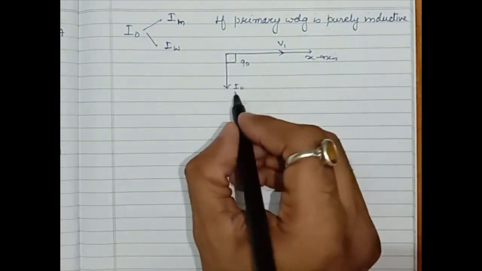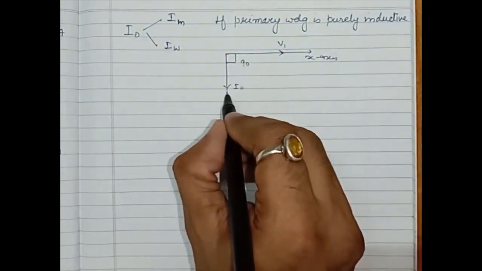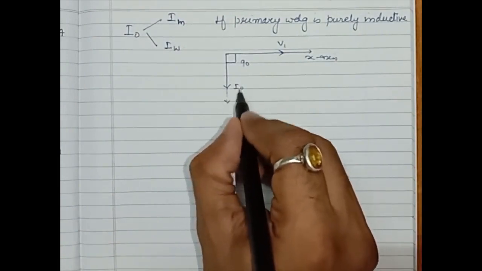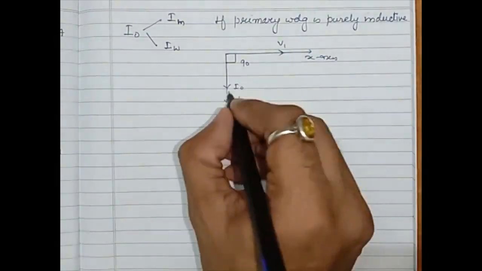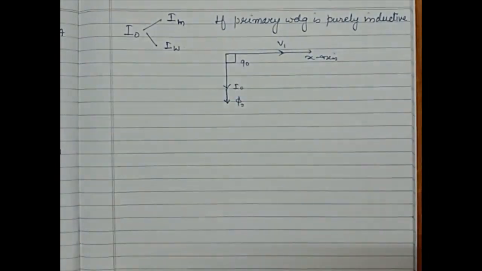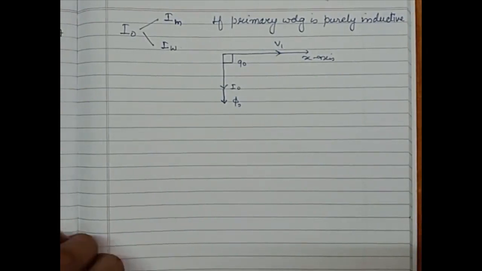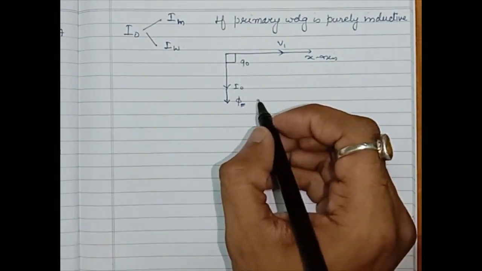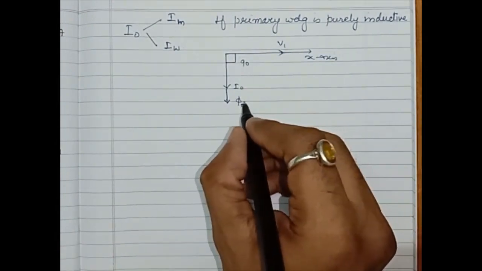This I naught is responsible for setting up the flux phi, which is in the same phase. This is phi. Sorry, this is not the no load power factor angle. This is phi, flux.